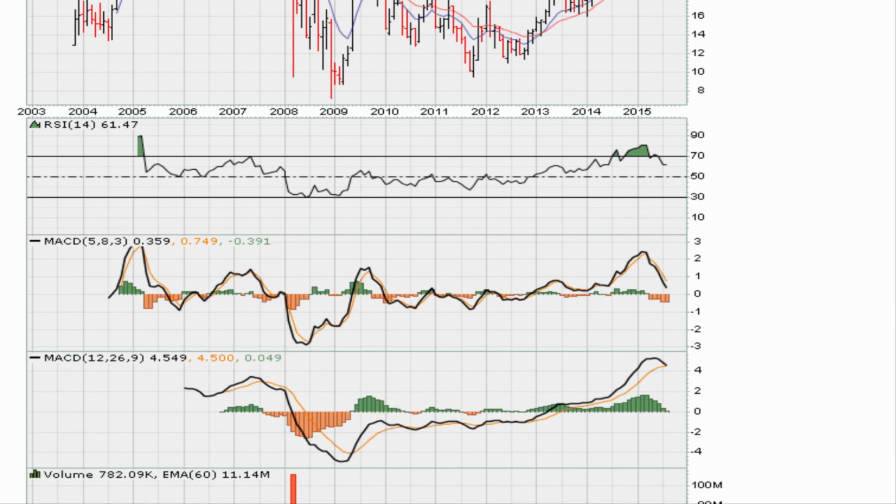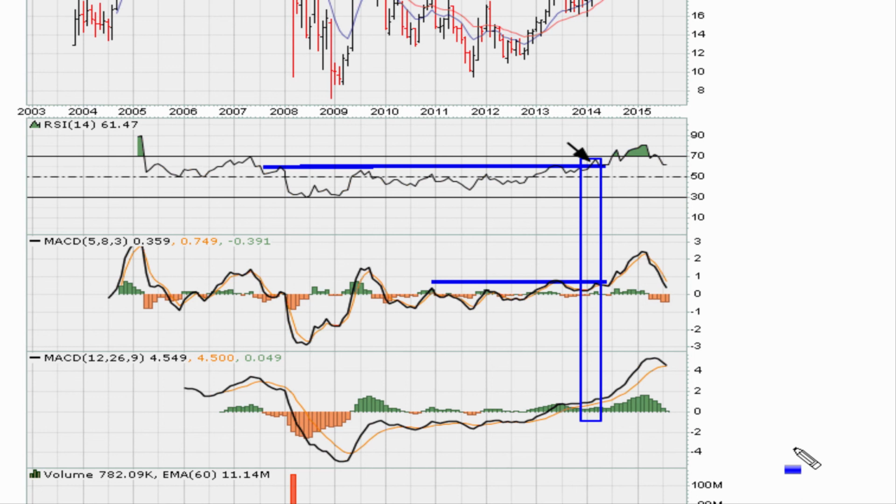Let's take a look at the other parameters, which is the MACDs. So this time period here, we know that the RSI was moving to more than 3-year highs. In fact, it was moving close to a 7-year high on the RSI from 2007. We can see that the MACD at that particular point, take that MACD there, was not breaking out, so let's give that no pass.